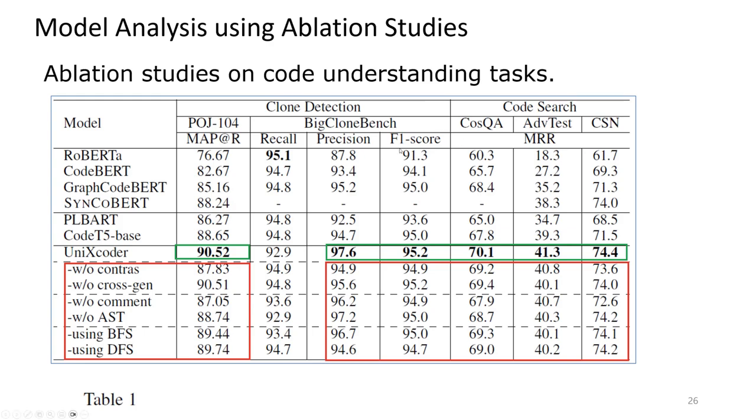So they use segment embedding to determine whether the model is operating in decoder mode, encoder mode, or encoder-decoder mode. They use the same model, but they switch between these three modes. Yeah, yes. Okay.